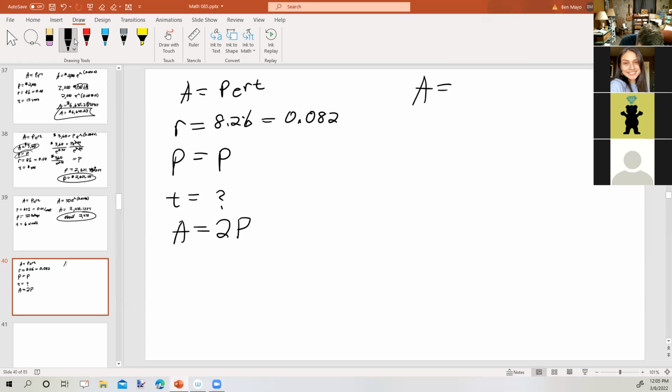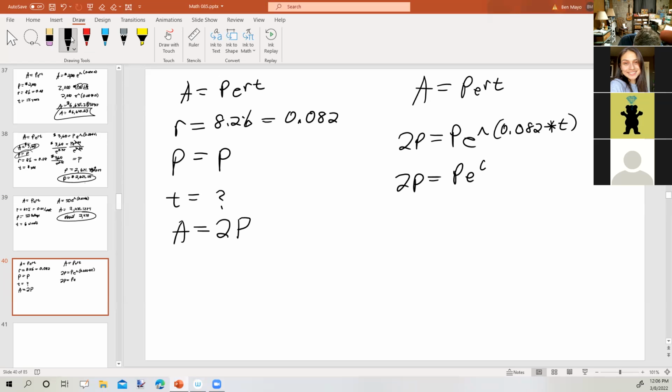So using this formula, A is going to equal 2P, P e to the 0.082 t. Or we could say 2P equals P e to the 0.082 t.